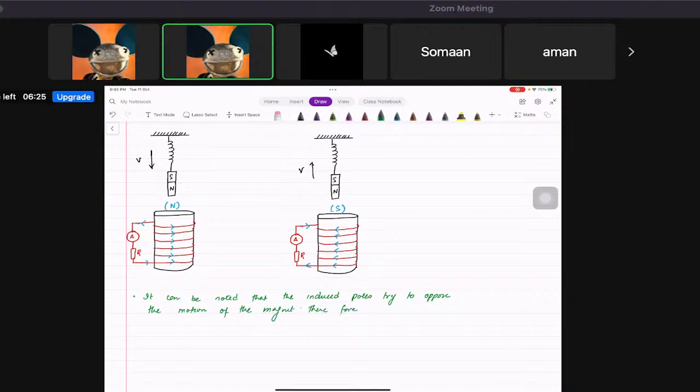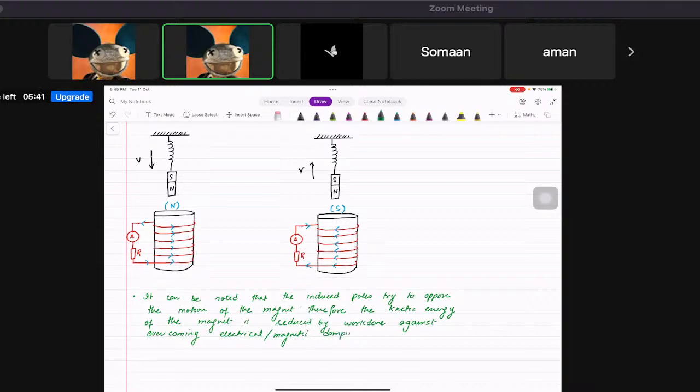Therefore, the kinetic energy of the magnet is reduced by work done against, overcoming electrical, and we could say magnetic damping.